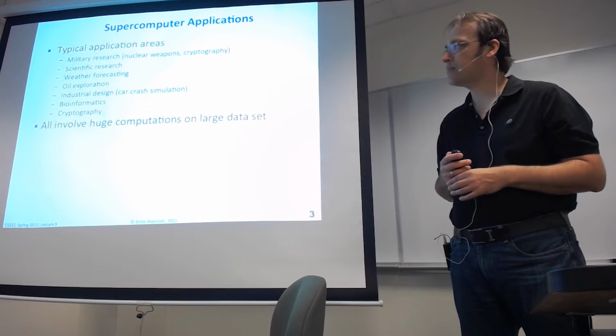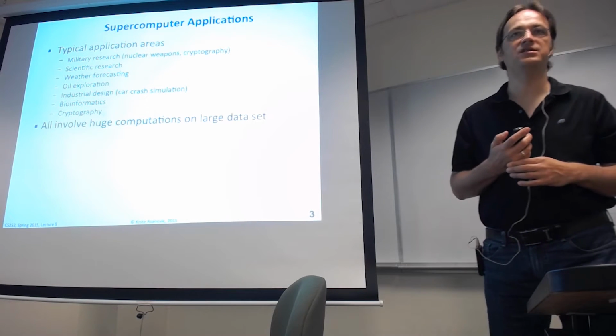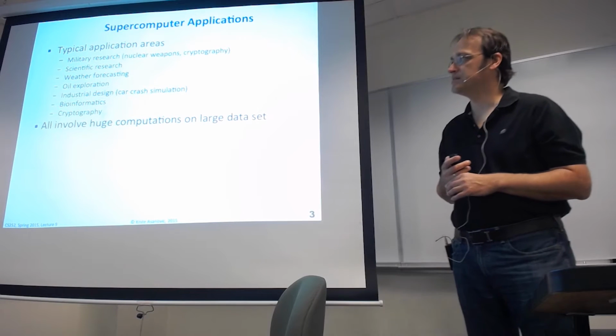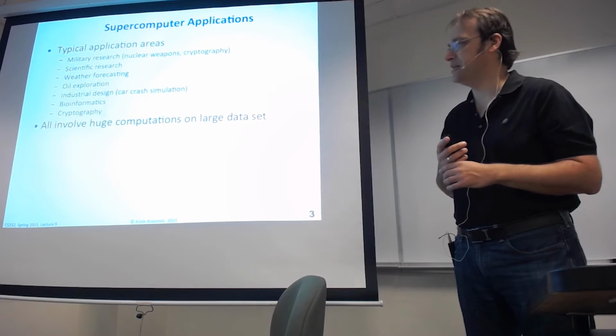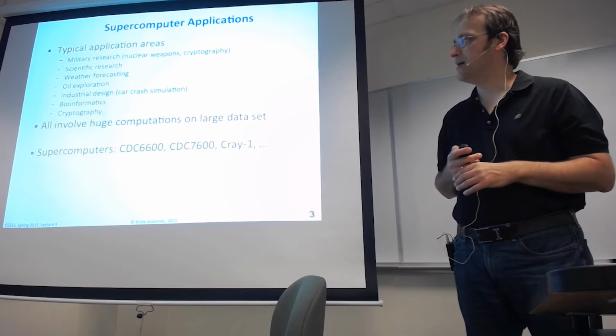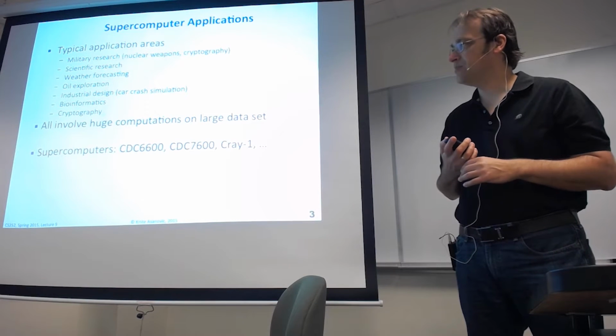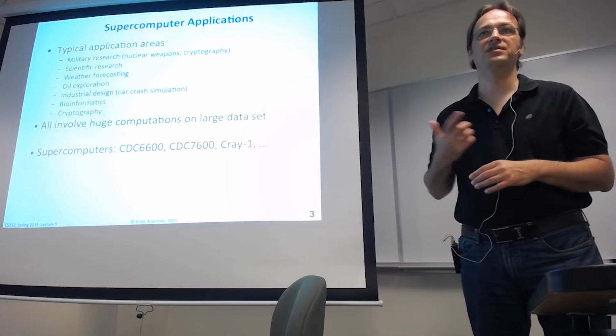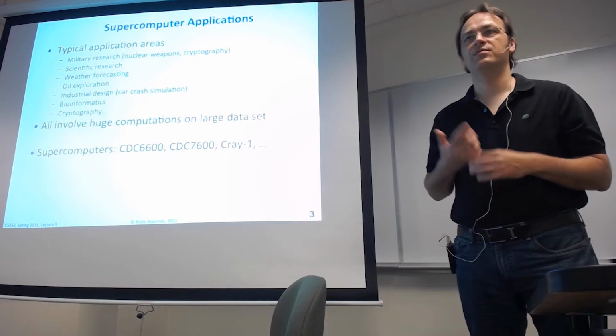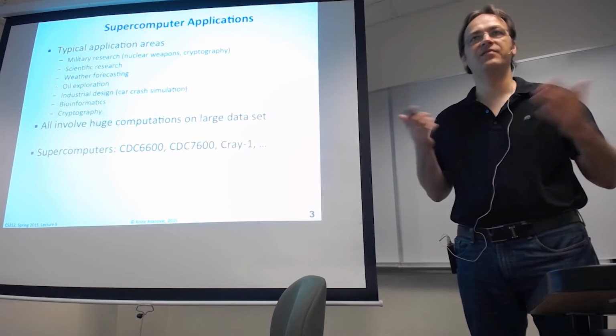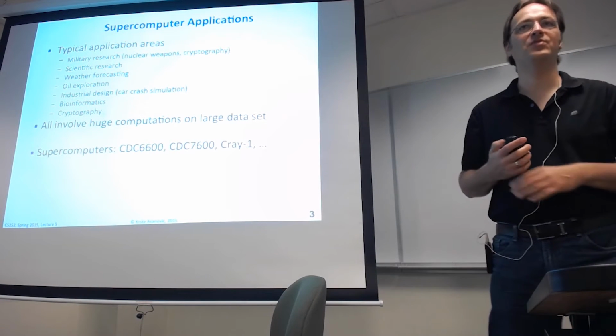And the thing about these, they all involve huge computations on very large data sets. So basically you just barely fit them in available main memories. And the term supercomputer was actually coined for the CDC 6600. That was so much faster than anything else, it needed a new name. So this was a supercomputer, right?